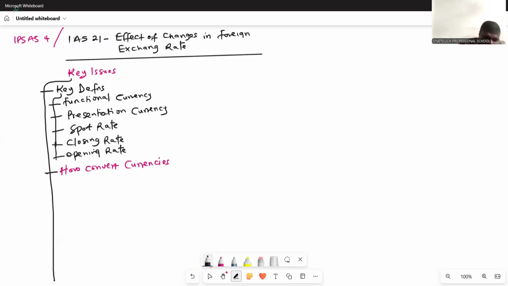After that, we look at exchange differences, exchange differences on settlement, and on translation of financial statements.